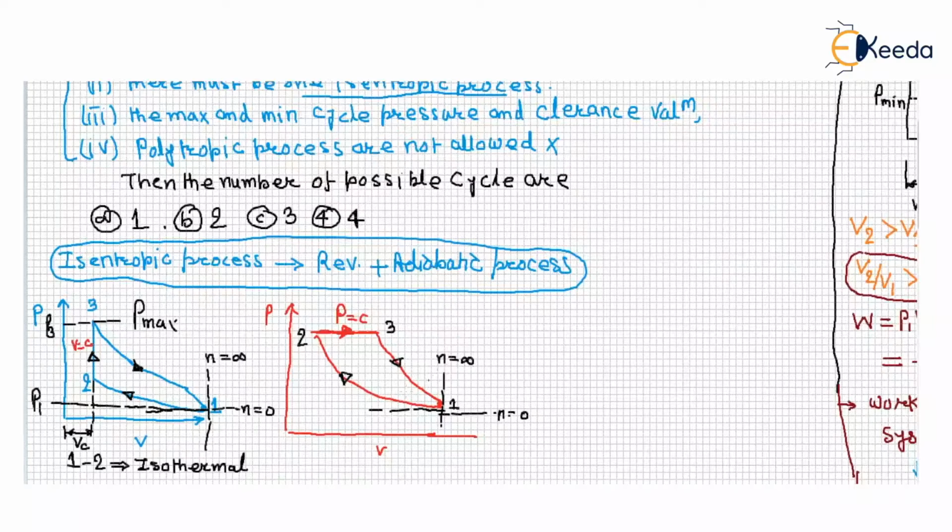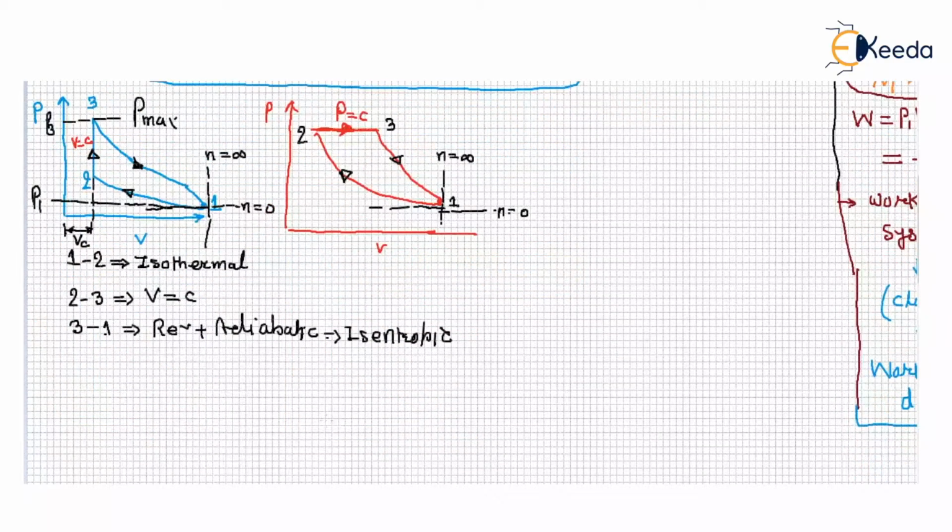This is again 1 to 2, this is your n equal to 1, and this is your n equal to gamma.